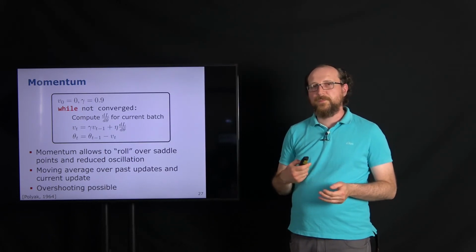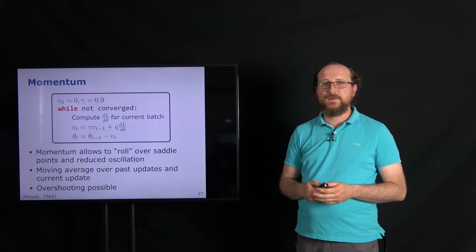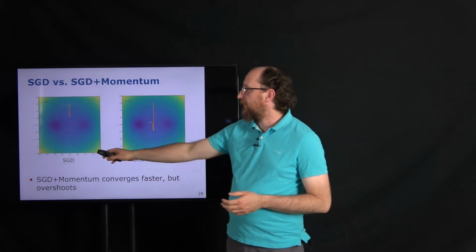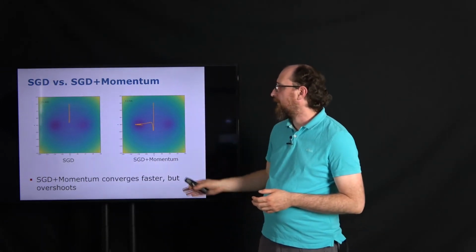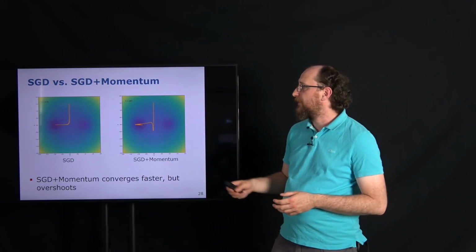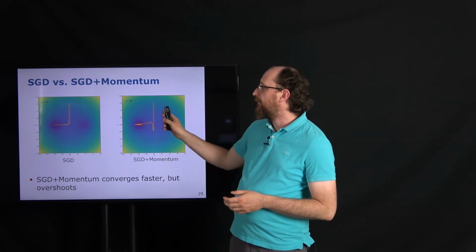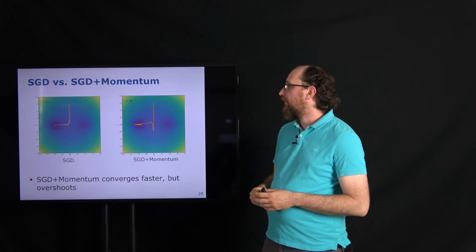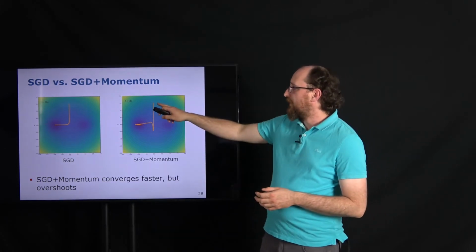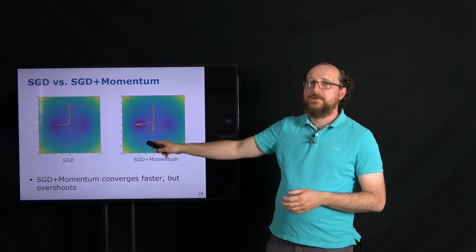So one specific problem: when we are now looking at an example, I will now show on the left side the stochastic gradient descent, and on the right side the stochastic gradient descent with the momentum. As you can see here, the momentum reaches the goal much faster, but it basically also overshoots in this direction.